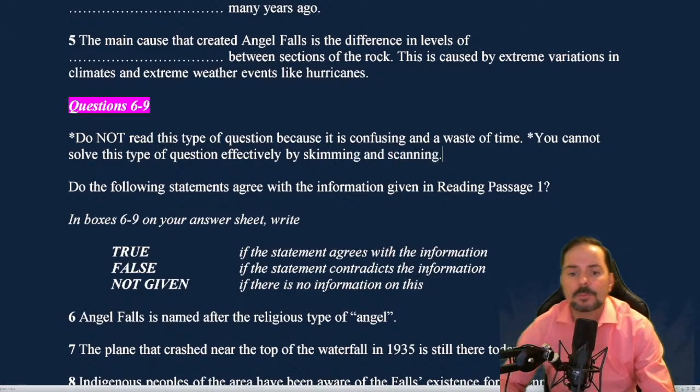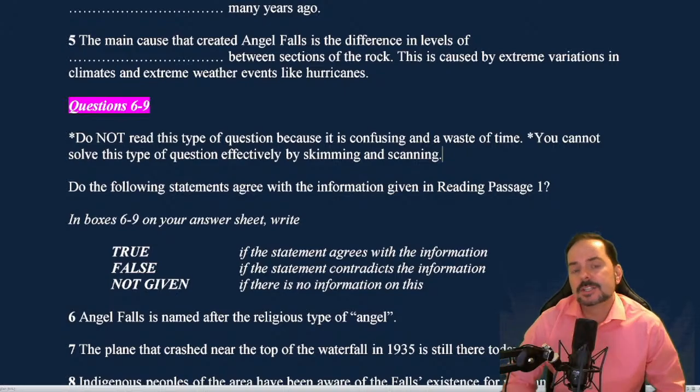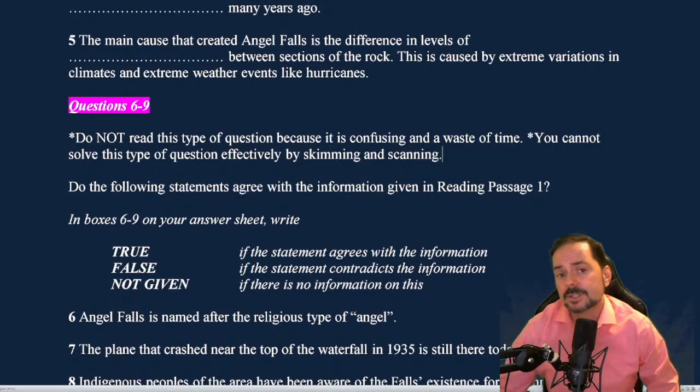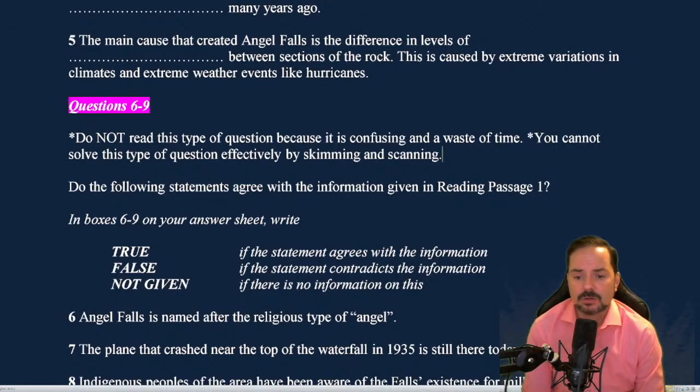Okay, so I hope many IELTS examiners are not teaching this strategy anymore to just skim and scan the passage. Skimming and scanning can be useful sometimes, but it's not usually an effective strategy, okay? So skimming and scanning usually does not work. It doesn't work for true, false, not given questions, okay?